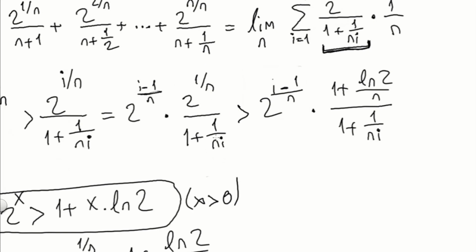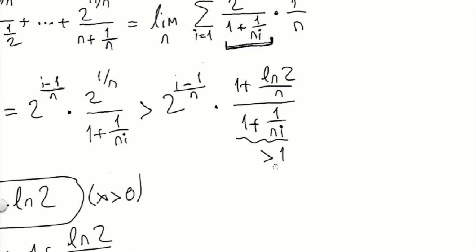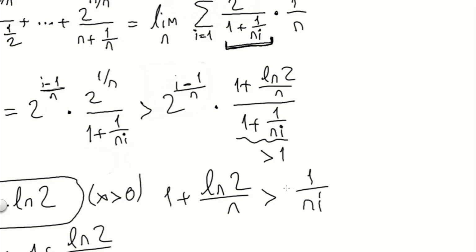So basically now I got rid of this exponential, which is better for me. And if you remember, our goal was to show that this thing is bigger than this thing. So our goal was to just show that this thing is greater than 1. Now is it? Well, it's actually now pretty simple. If we only show that ln 2 over n is bigger than this 1 over ni, because I have just plus 1 on both sides, so they will just simplify.